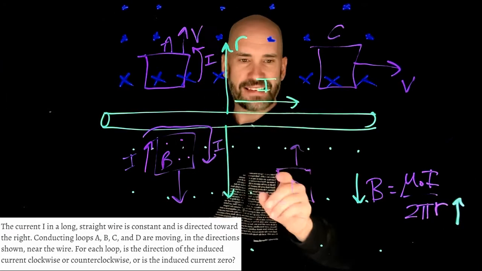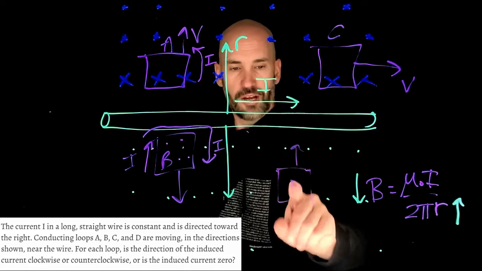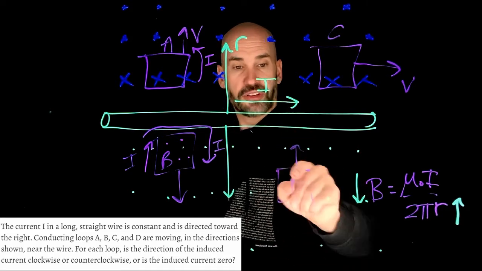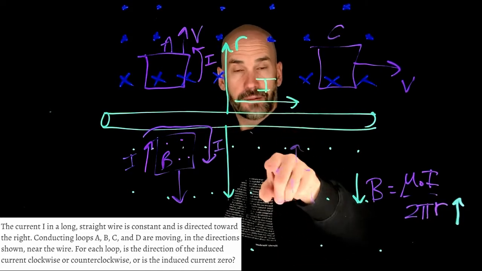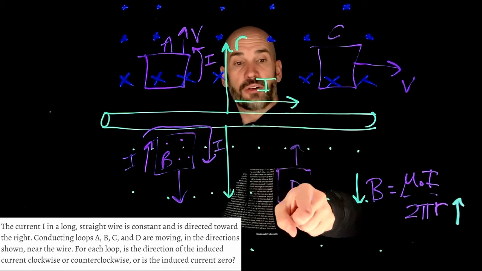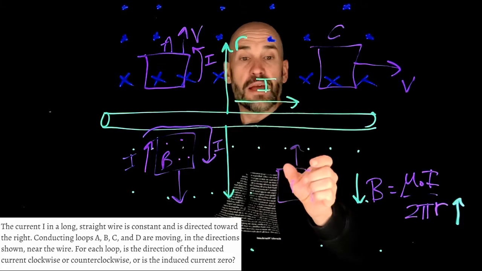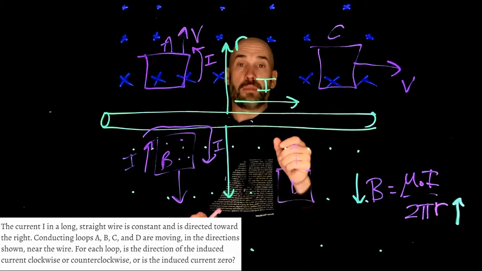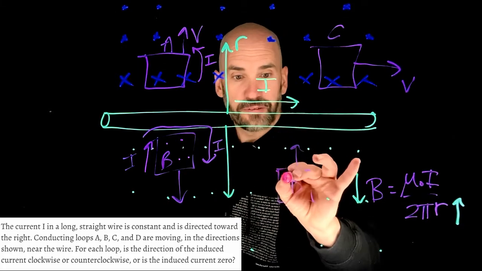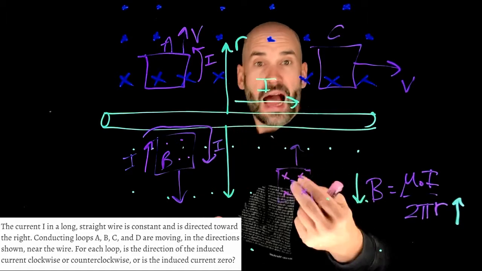Lastly, in the case of D, we're bringing it closer. In other words, this flux that's going in is getting stronger and stronger. It wants to create a flux that opposes that. It wants a magnetic flux coming out.